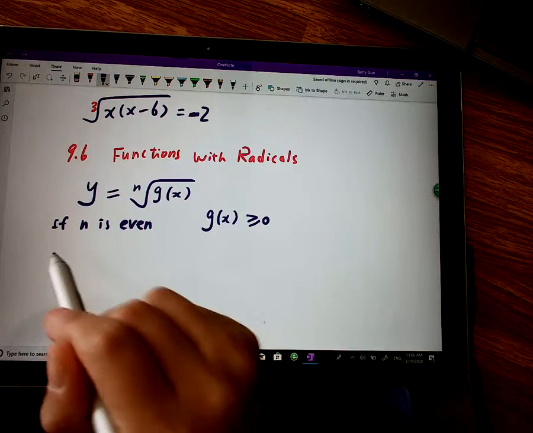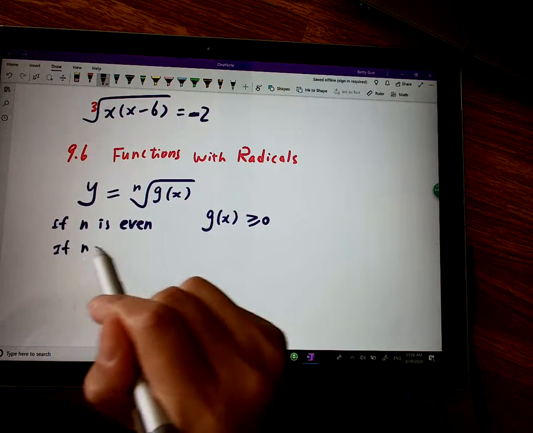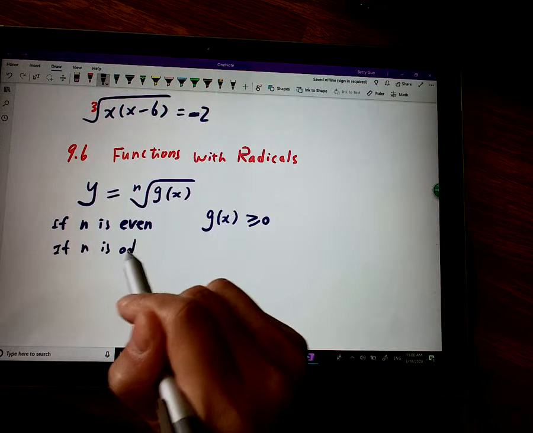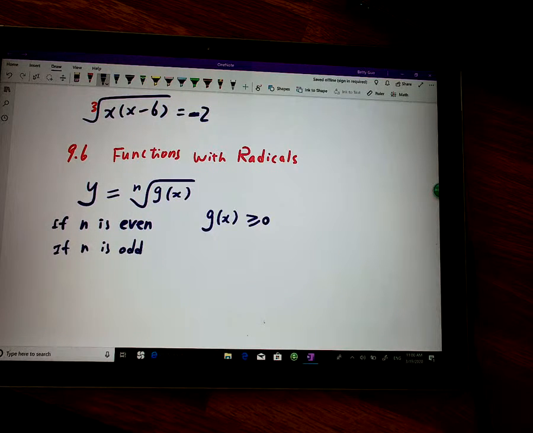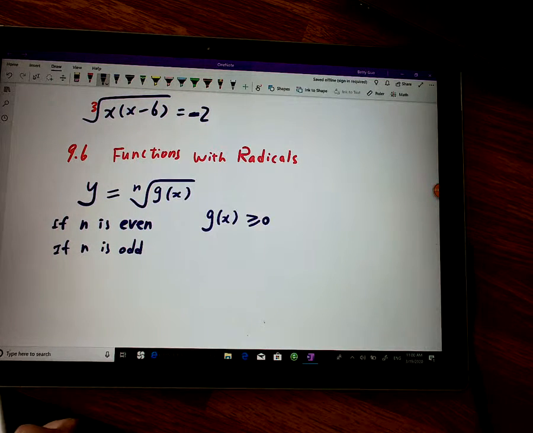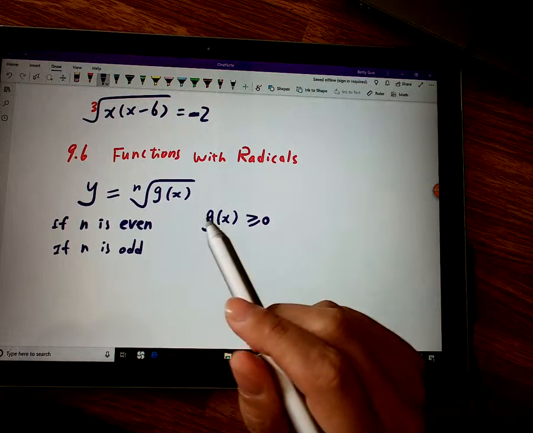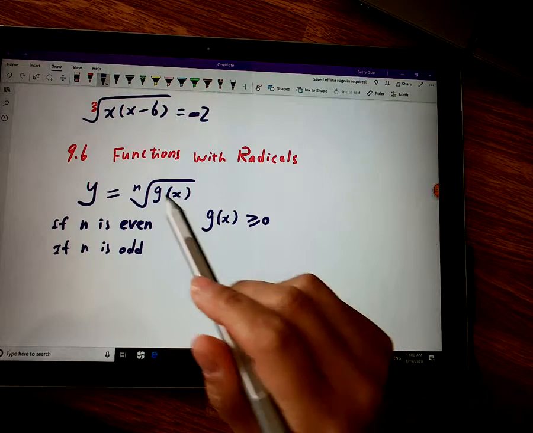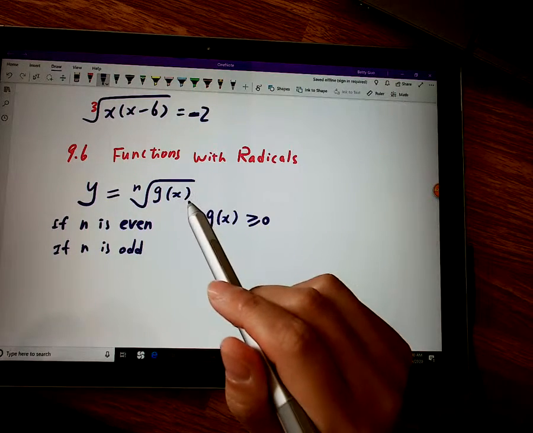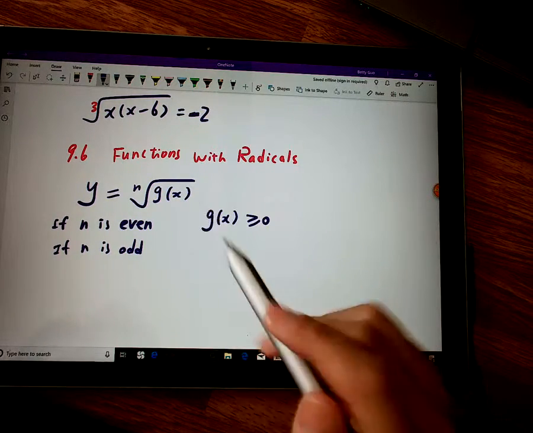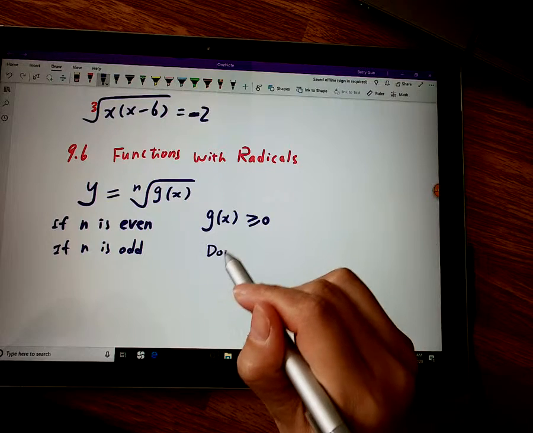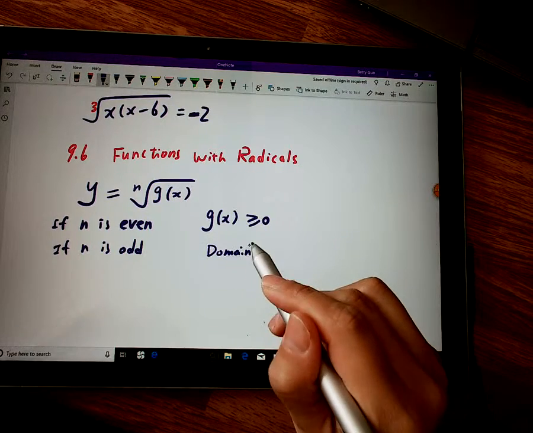If n is an odd number, let's say 3, at least it has to be 3, right? If n equals 1, then we don't actually have a radical. If n is 3 or 5 or 7 or 9 and so on, then we have no restriction for the radical function, so the domain is all real.